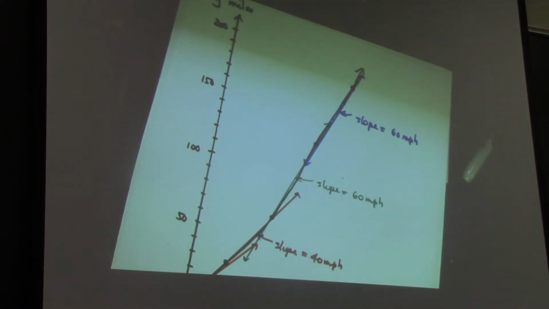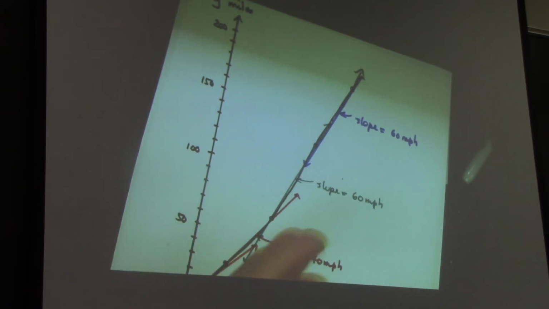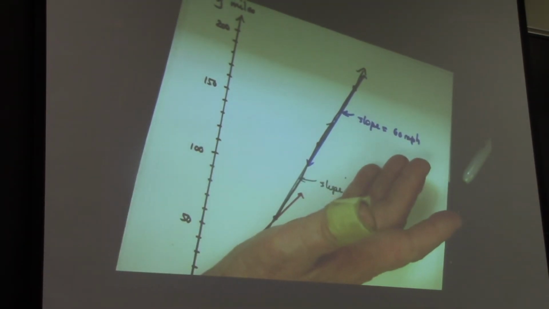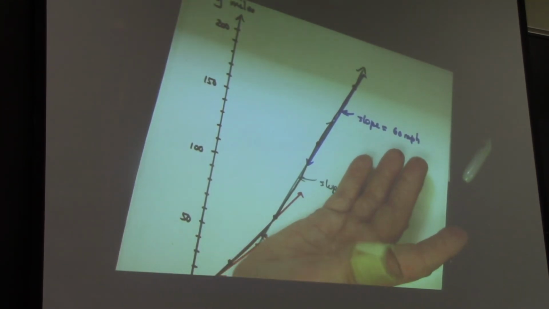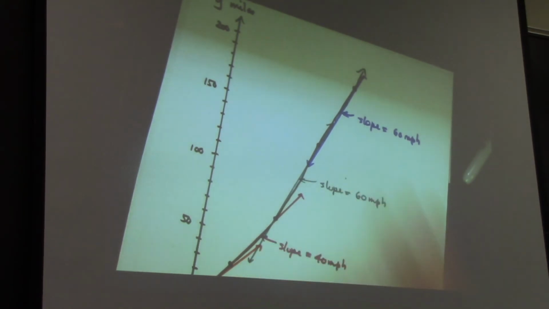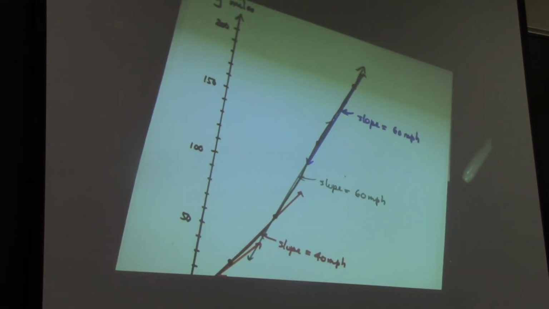Graphs where the slopes are getting bigger are given a certain name, and graphs where the slopes are getting smaller are given a certain name. If the slopes are getting bigger, we say that the car is accelerating. If the slopes are getting smaller, we say that the car is decelerating. So there's all this physics that comes in.